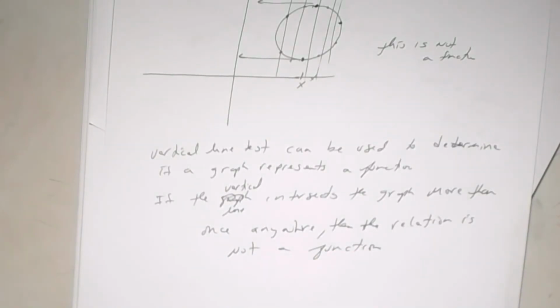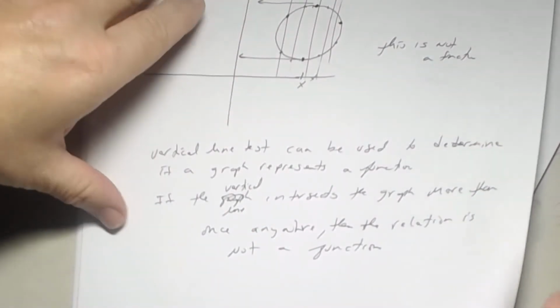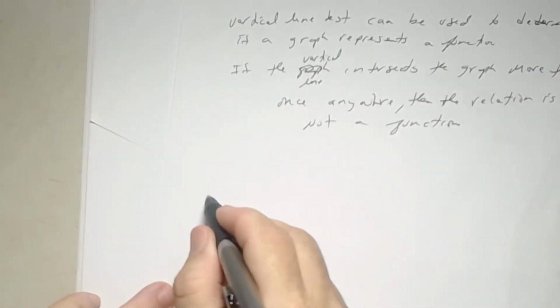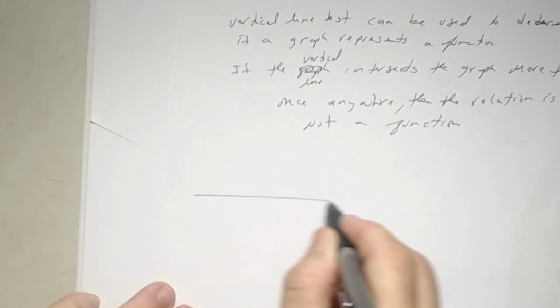Okay? So whenever you're given a graph, use what test? Vertical line. Vertical line test to determine if that graph represents a function. But you've got to check everywhere. So for example, if I had this again, watch.